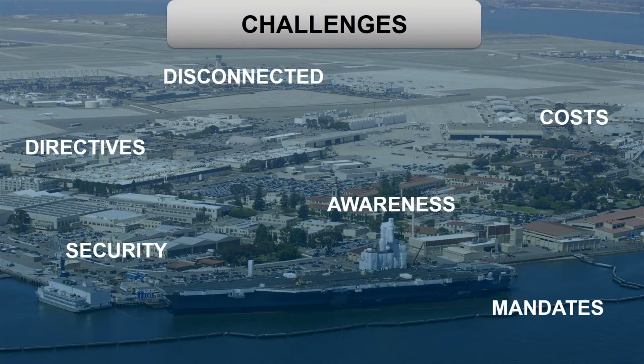Esri understands your challenges. Facility managers and installation commanders have key issues like city administrators, such as directives for energy efficiency, safety and security concerns, such as continuity of operations, mandated compliance, such as environmental monitoring of the workplace, enterprise business systems that are disconnected.